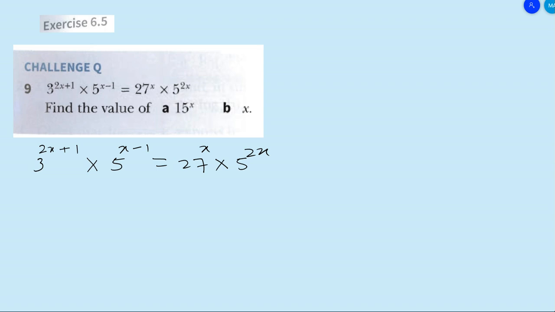So first, the question is find the value of 15 to the power x.